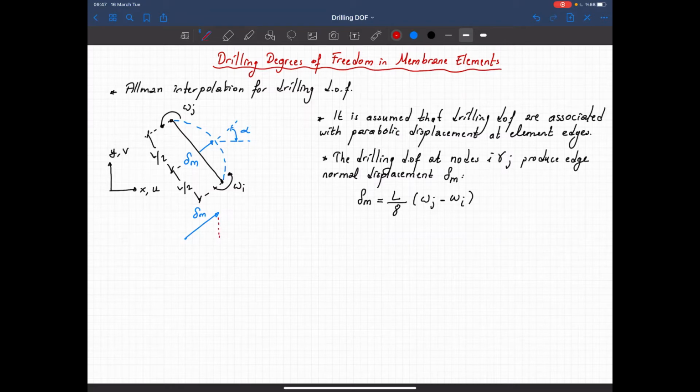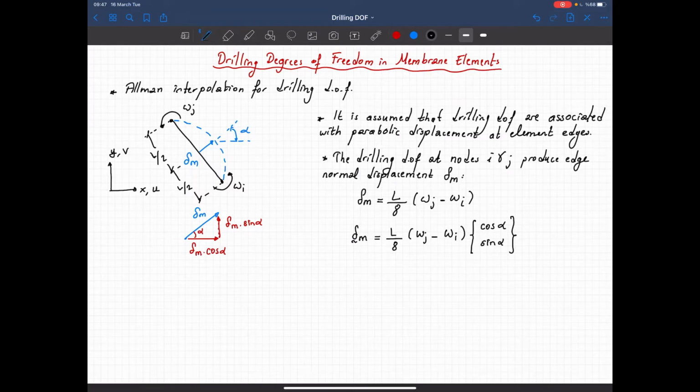So this translation will be equal to delta m times cosine alpha, and this distance will be delta m times sine alpha. So I can write the mid-edge displacement components as follows: that will be equal to L over 8 times omega j minus omega i, multiplied with cosine alpha and sine alpha.